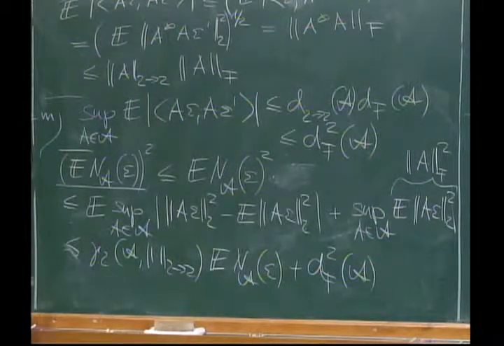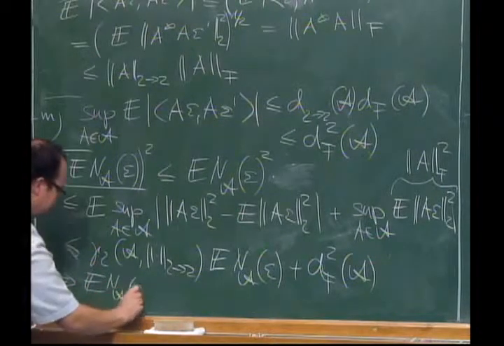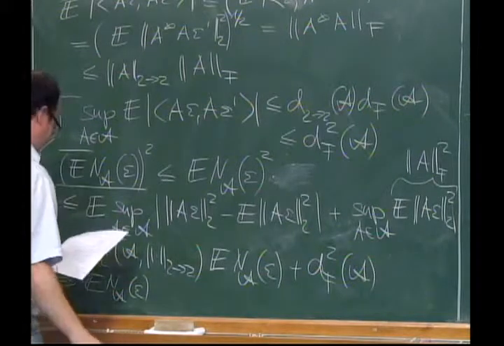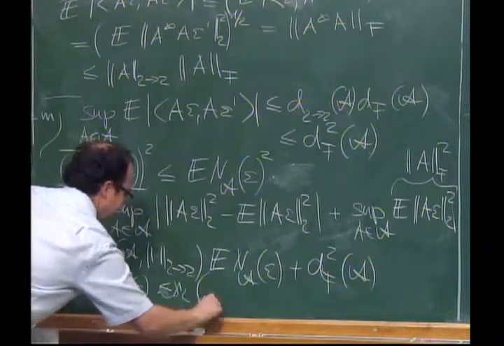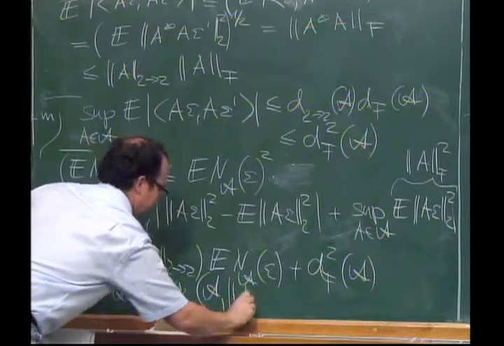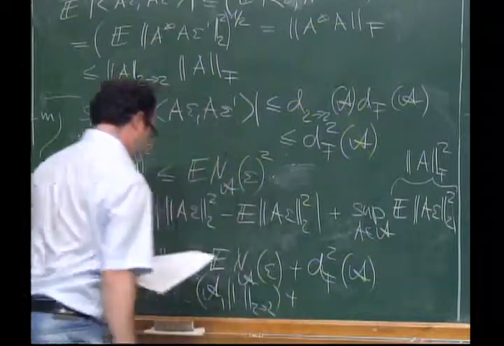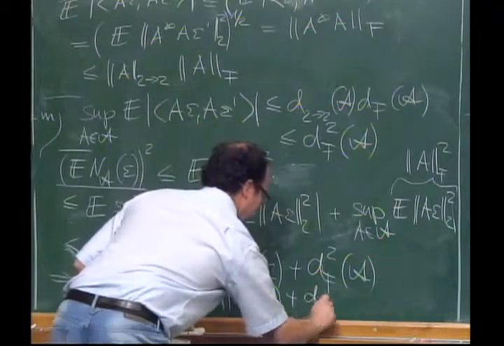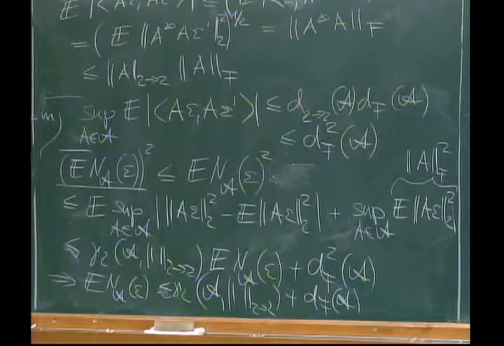So from that, we can deduce that we have here the gamma 2 functional plus the diameter in the Frobenius norm of A.